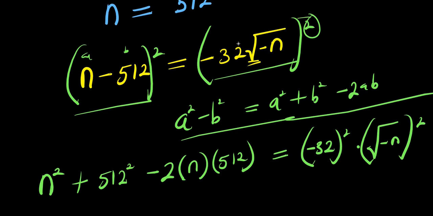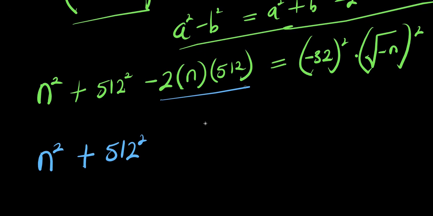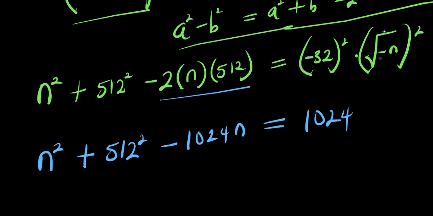You will just distribute this to each of them. So from here, you simply have n power 2 plus 512 power 2, and multiplying this out, you have negative 1024n. And this equals, the negative raised to the power of 2 will cancel out, 32 times 32, we have done it before, 1024.